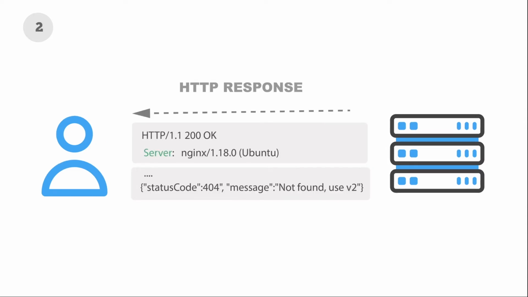But we can see the response is unexpected. All of a sudden the response is not what the user was expecting. Something like a status code of 404, the message not found, please use v2.